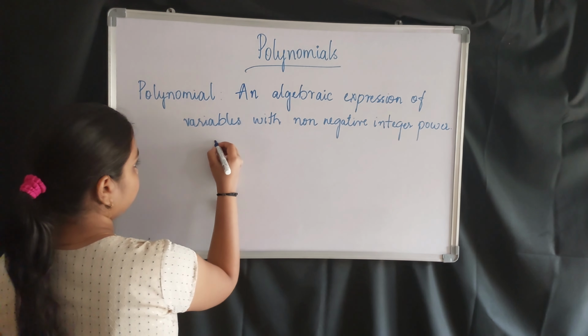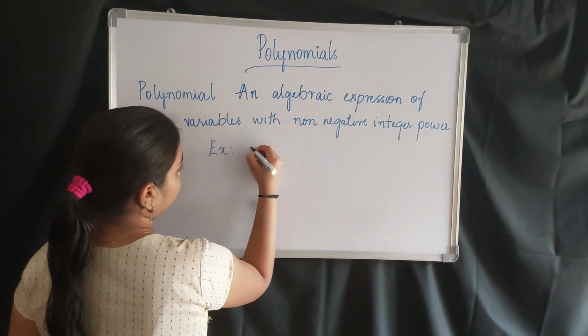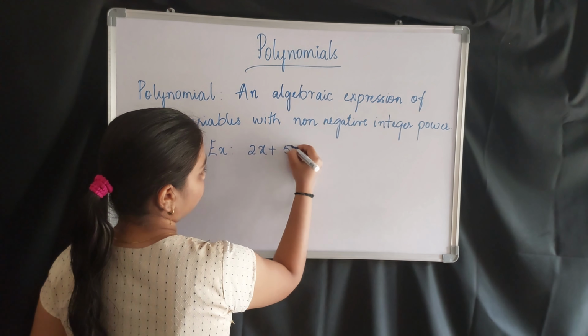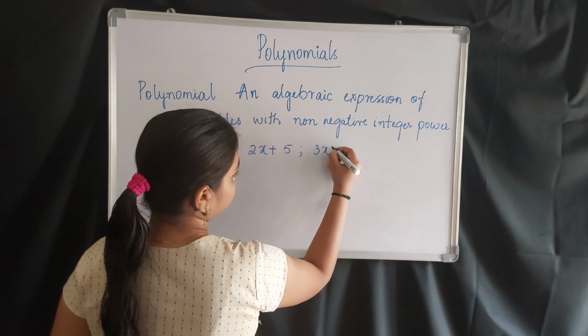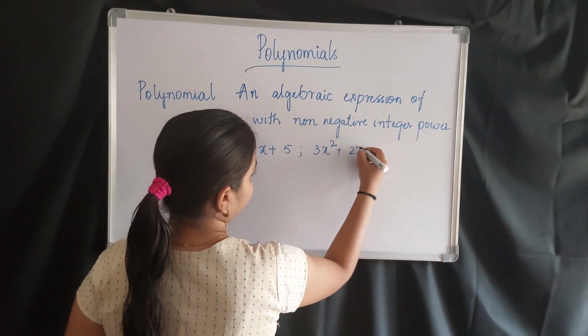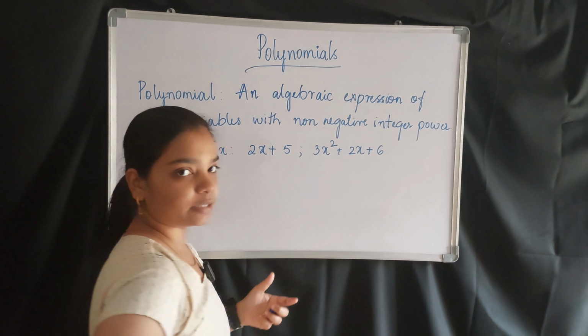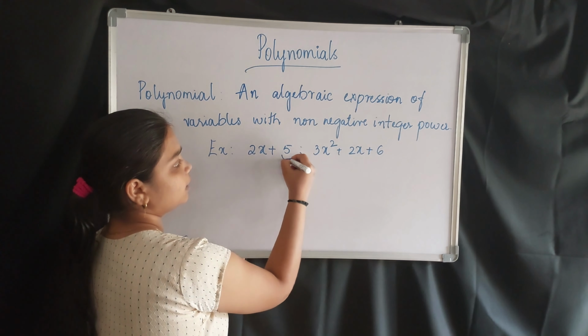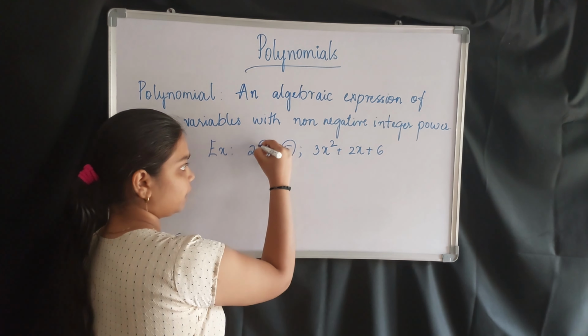For example, if we take an algebraic expression 2x plus 5 or 3x square plus 2x plus 6 as my examples, here we see that there is a constant, there is a variable.